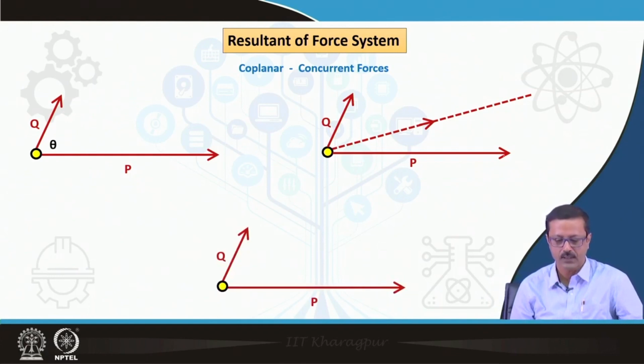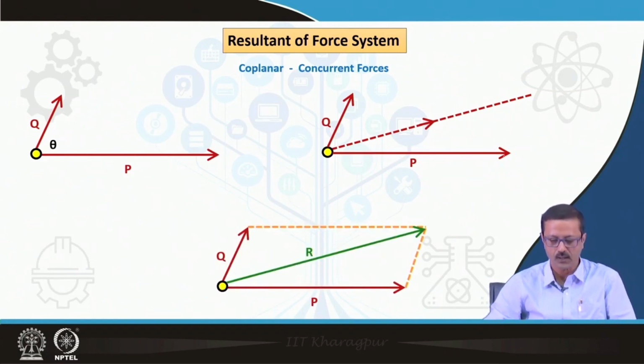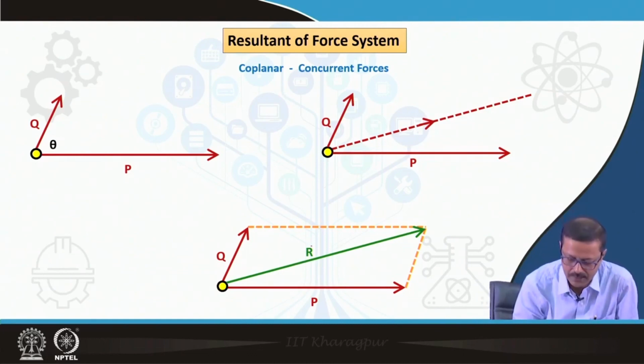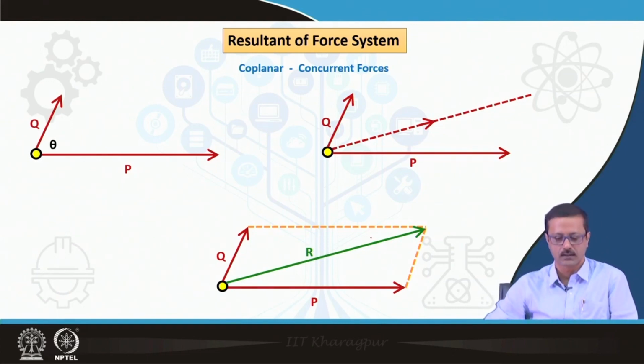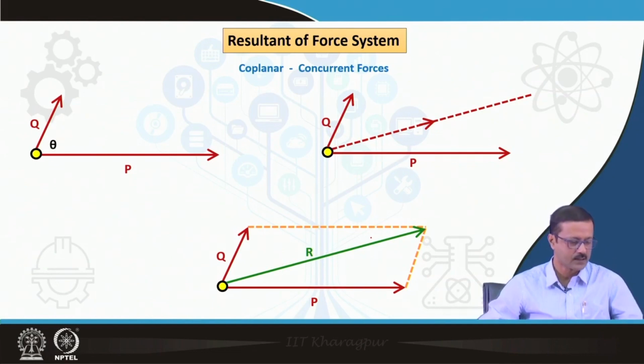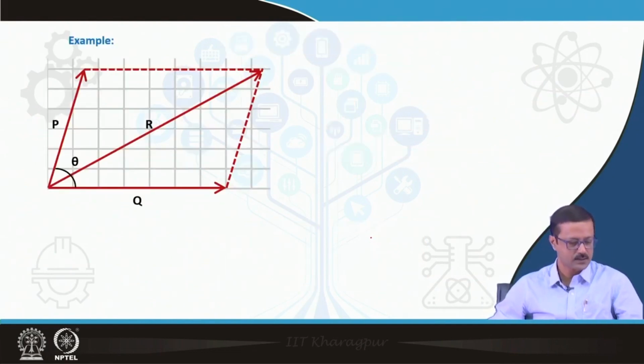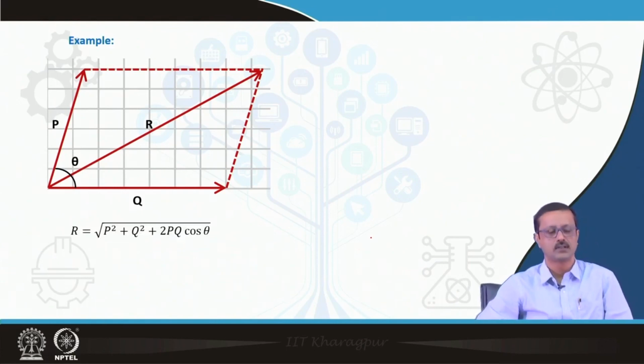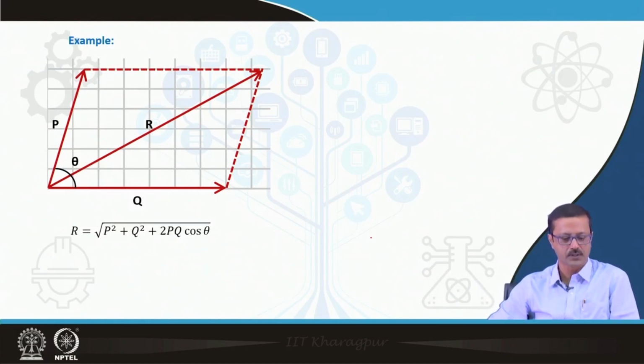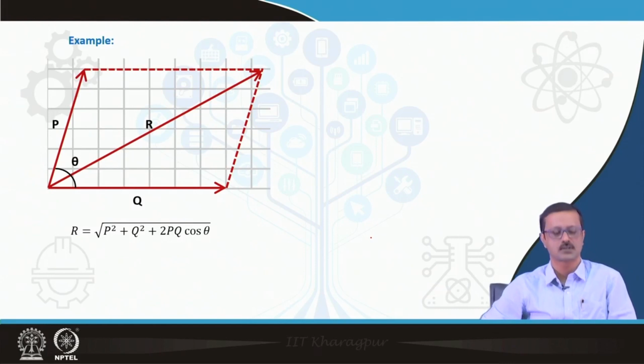Finally, we can create a parallelogram from the two parallel lines of P and Q, and the resultant force will be R, the diagonal of that parallelogram. The general formula is R equals the square root of P squared plus Q squared plus 2PQ cos theta.